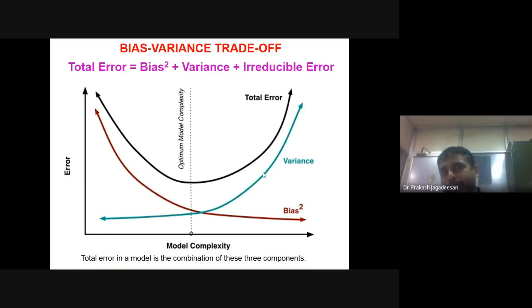So you should not arbitrarily increase the number of layers in the neural network to reduce the bias, because the variance increases. That's the problem, and that's the emphasis here.